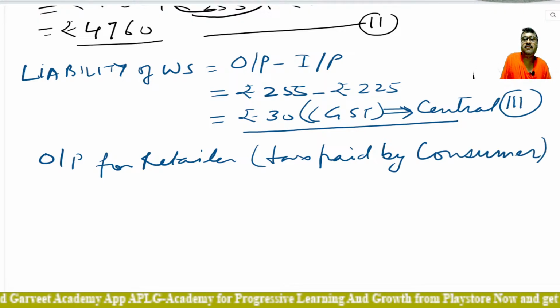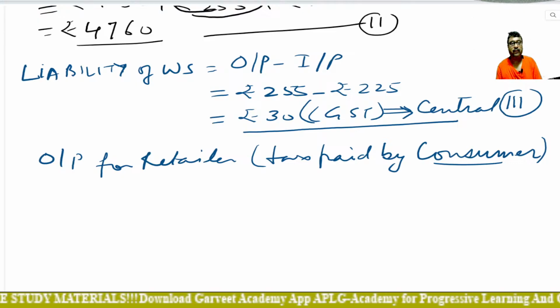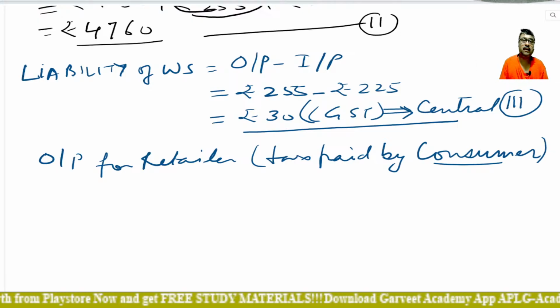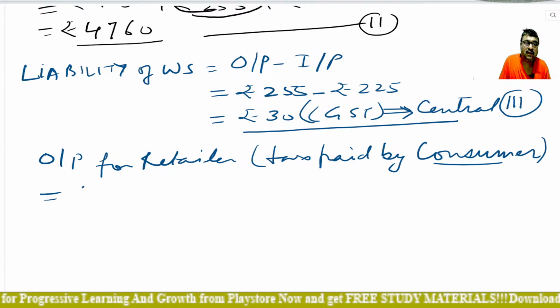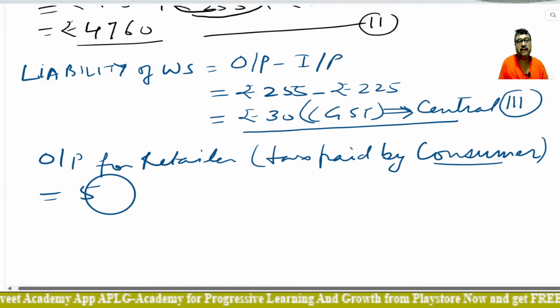Retailer sells to the consumer. So the output for the retailer will be the tax paid by the consumer. And the consumer will pay tax on the selling price. So 5,000 is the selling price.